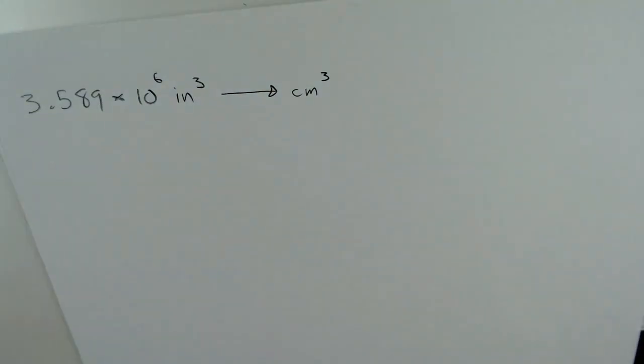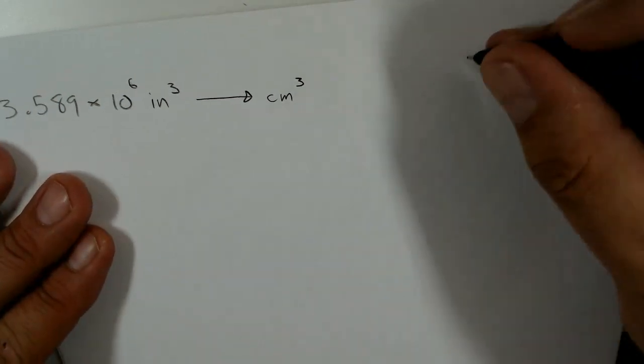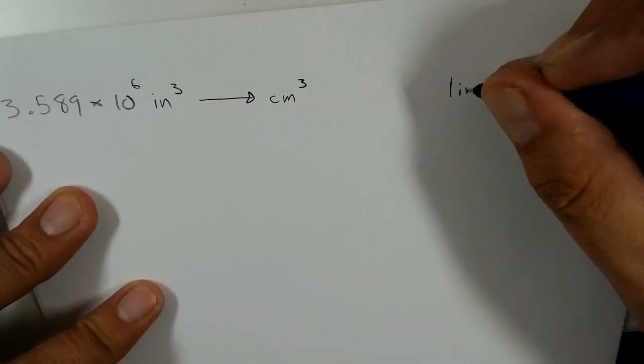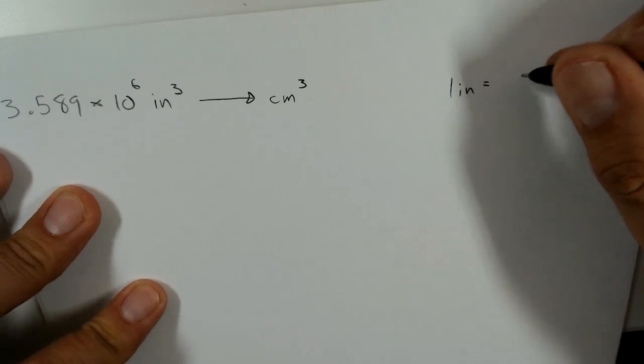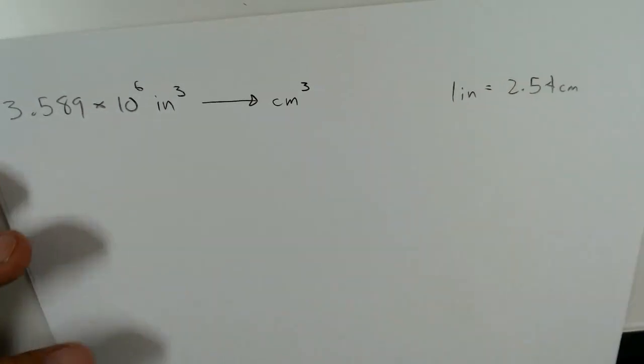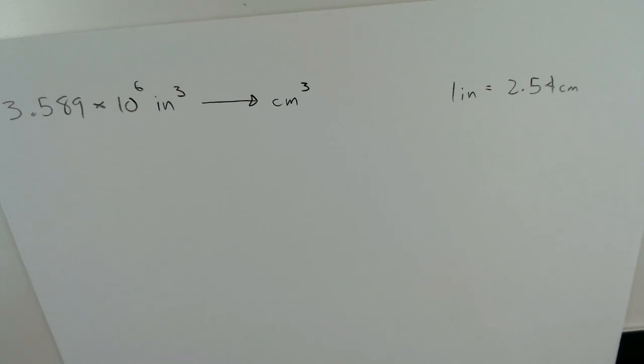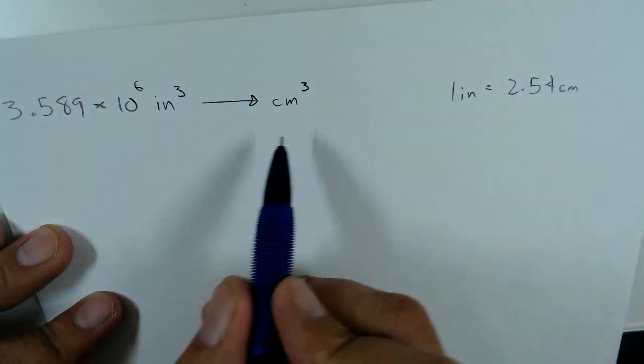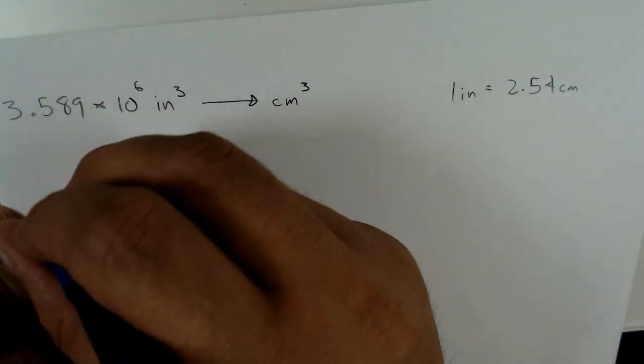The kind of conversion factor you're going to be given is the same one that we had earlier, which was 1 inch is equal to 2.54 centimeter. All right. So it looks like we have a direct conversion. We're just going to go from inches cubed directly to centimeter cubed in one step.